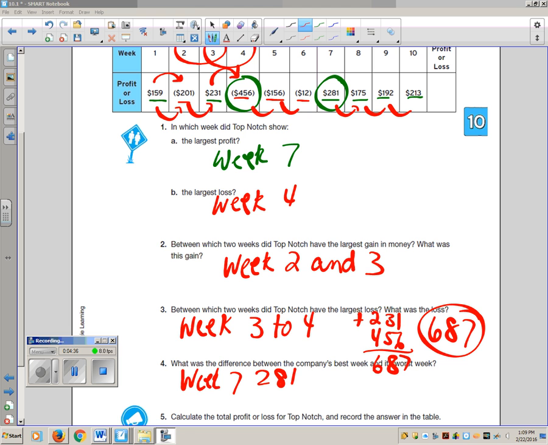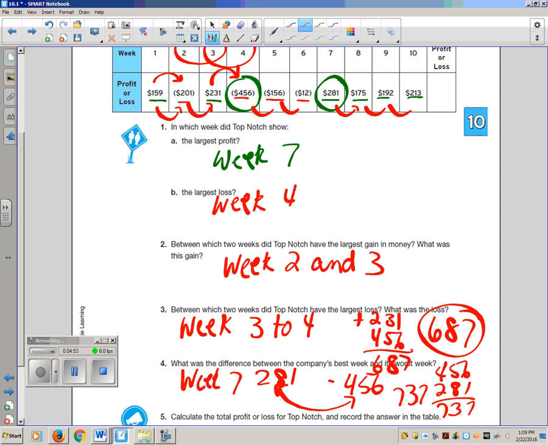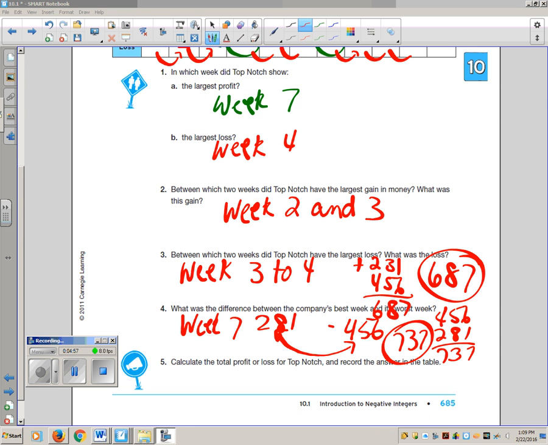They lost $456. So it's negative $456. So we're looking for the distance between these two numbers. So we're going to add these together. 456 and 281 is going to give us $737. That's the difference between those 2 weeks.